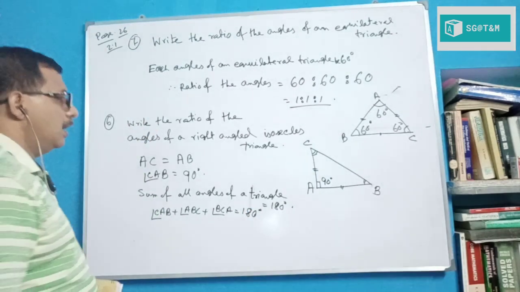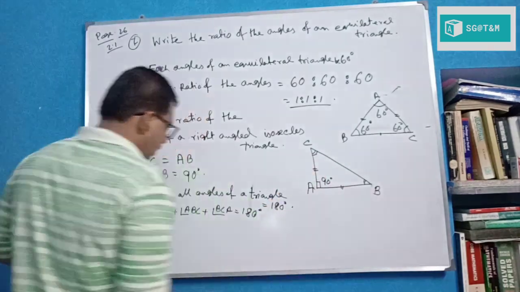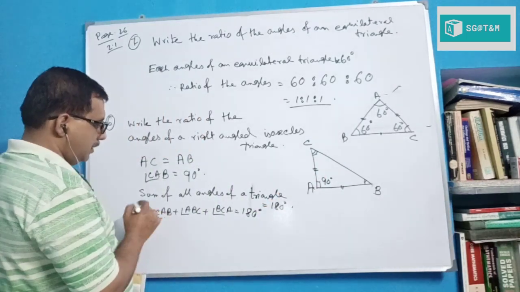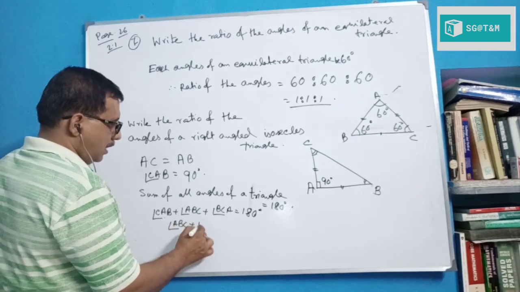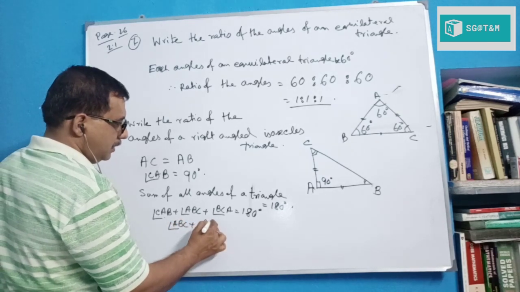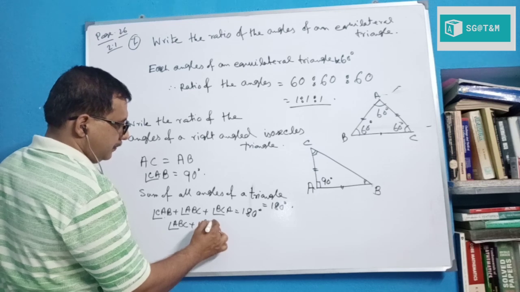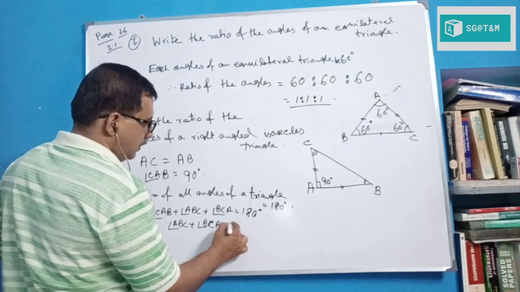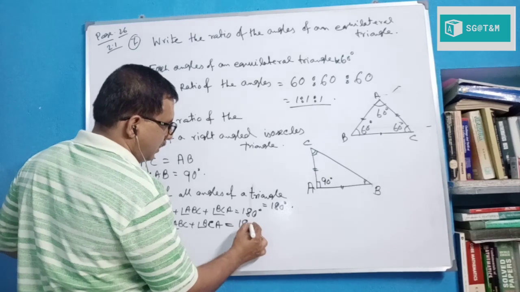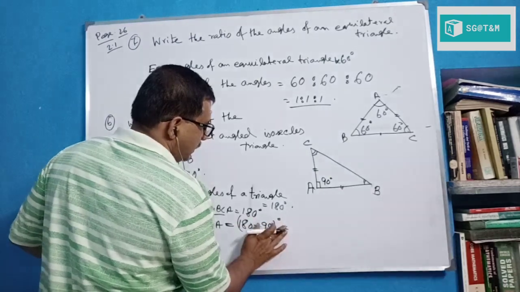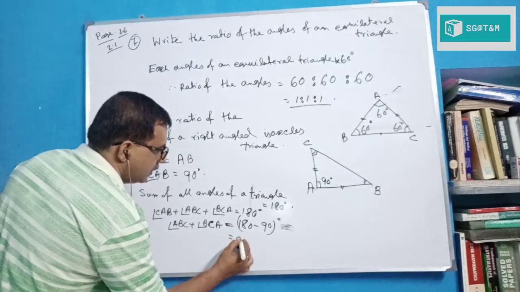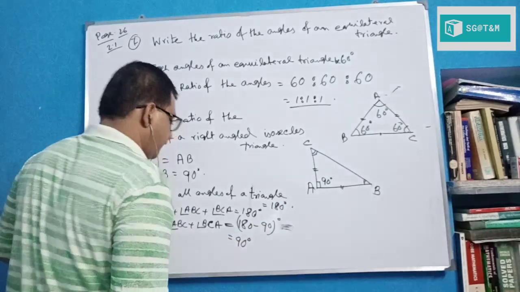That's it. Now CAB is equal to how much? CAB is 90 degrees. So angle ABC plus angle BCA is equal to 180 minus 90, which is nothing but 90.